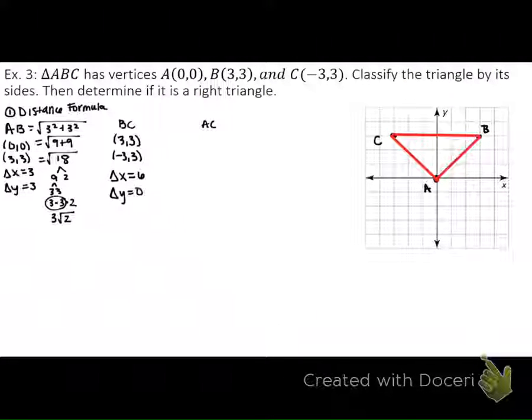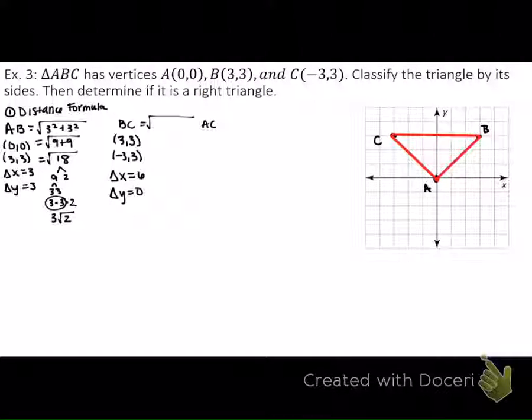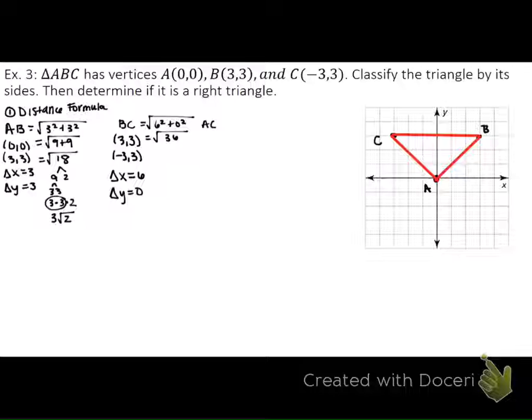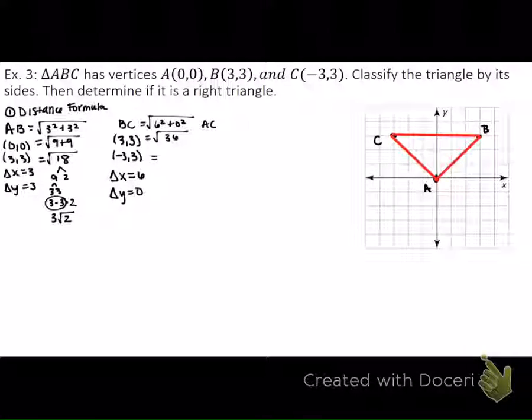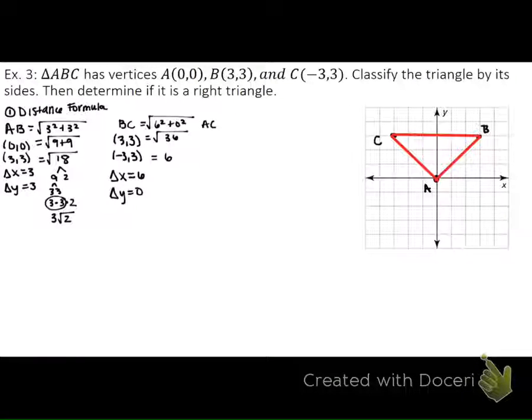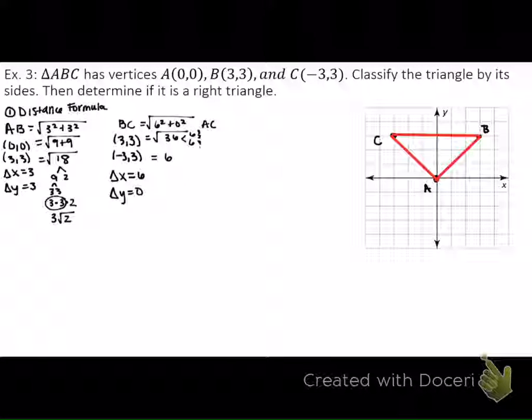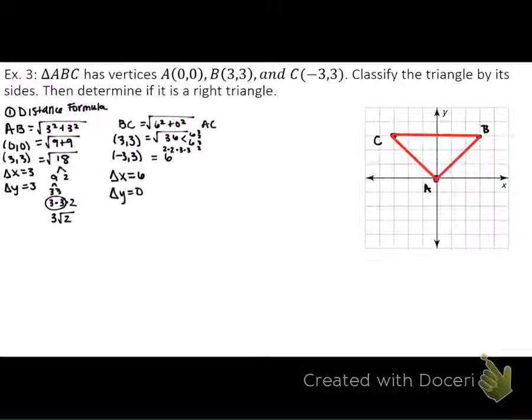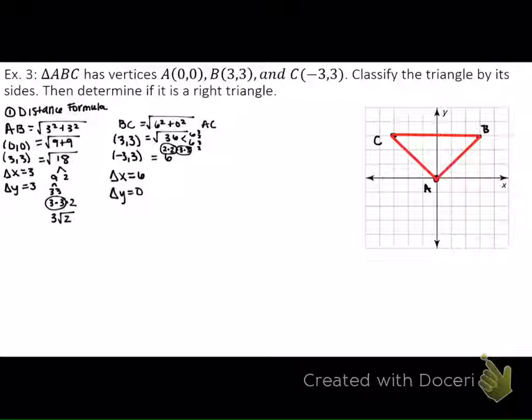Yeah. Square root of 36 is 6. If you need to, you can do a factor tree. So if I did a factor tree, it'd be 3 and 2, 3 and 2, right? So 2 times 2 times 3 times 3. 3 times 2 is 6.